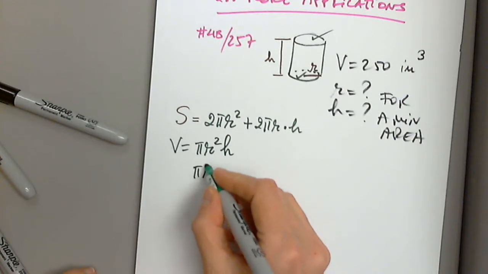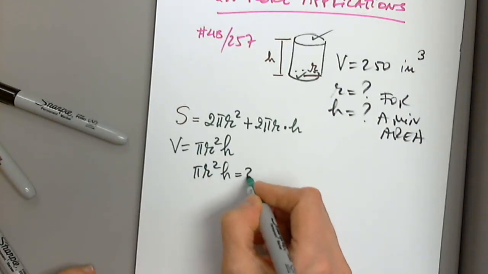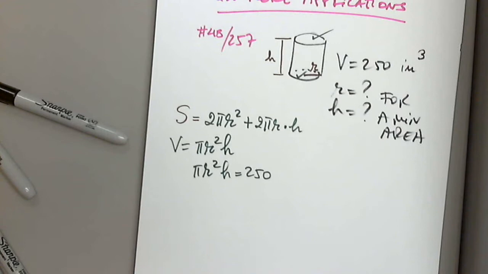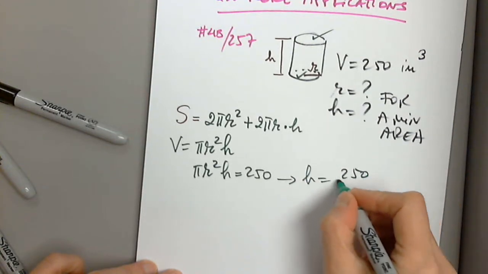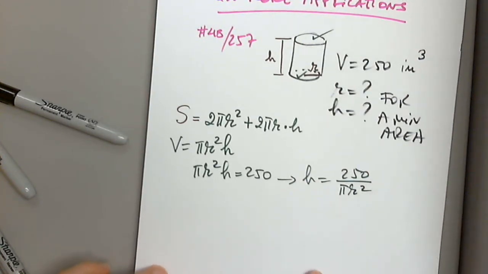From here, I have pi r squared times the height equals 250, because this is given to us. What do you think I'm going to solve this equation for and plug into the surface function to make it a function of one variable only? Solve for h. Right, but I don't want to solve for r, because I have to take the square root, and I don't want to do that. Very good. So I'm going to solve for h, and this is 250 over pi r squared.